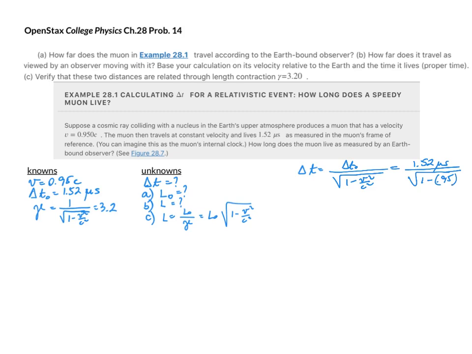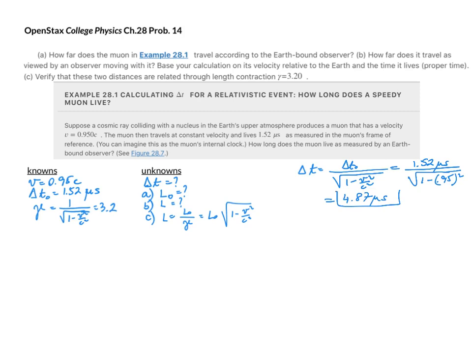I don't have room for more, so that's why I'm writing it like that. So when we plug all these numbers in, we end up with 4.87 microseconds. So that's what example 28.1 was solving for, this delta t.